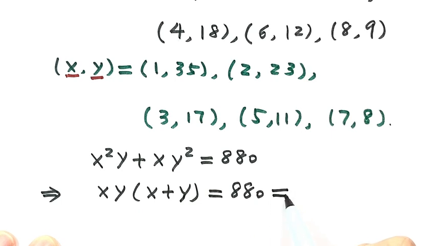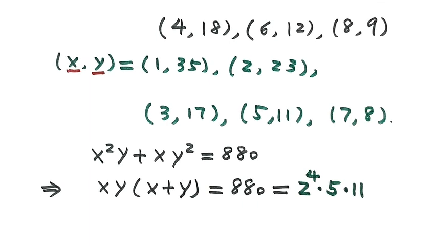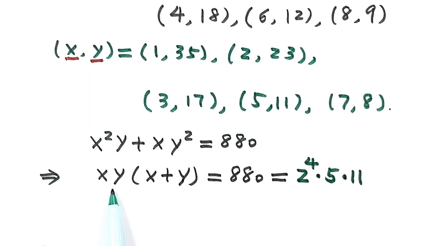Now let's prime factorize 880. That's 8 times 10 times 11, so 2⁴ times 5 times 11. On the left-hand side we have 3 factors, and on the right-hand side we have 11 as a prime factor. So we want to figure out which of these 3 factors is divisible by 11.